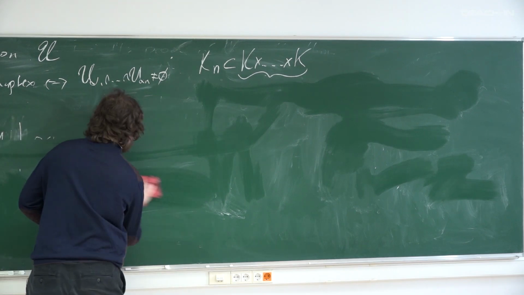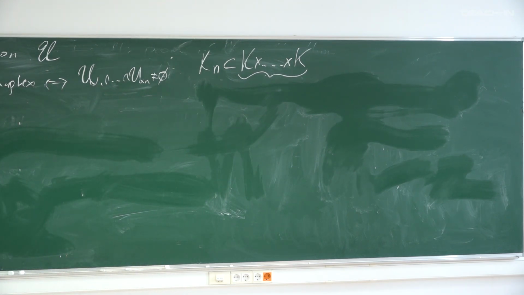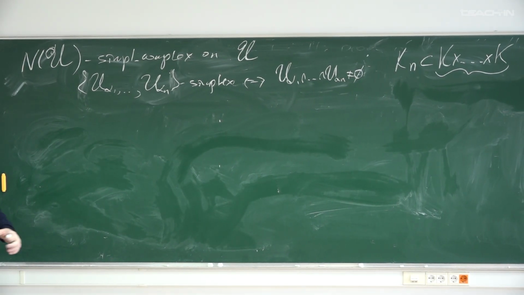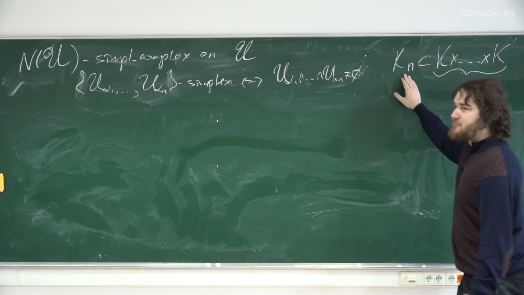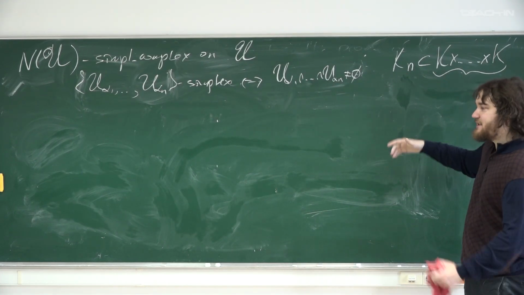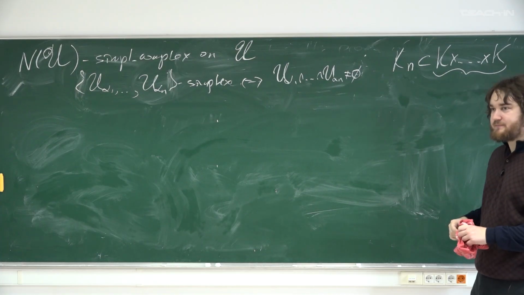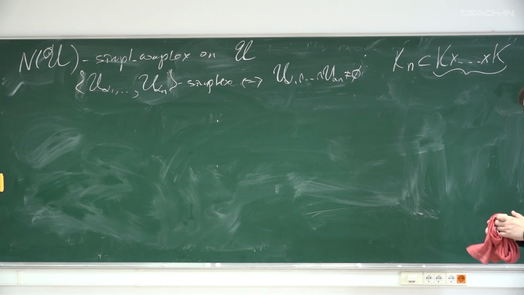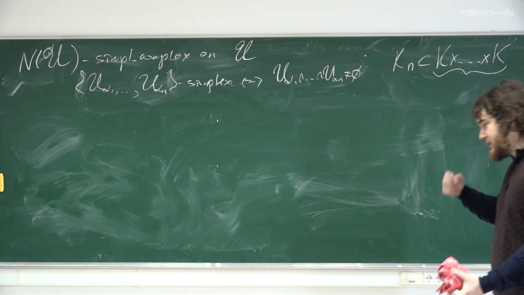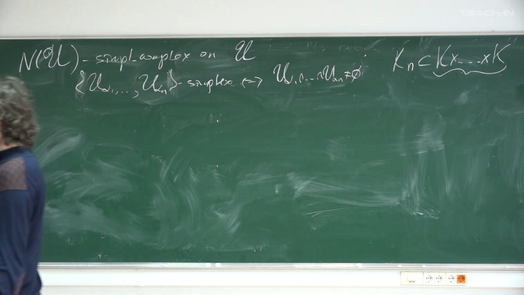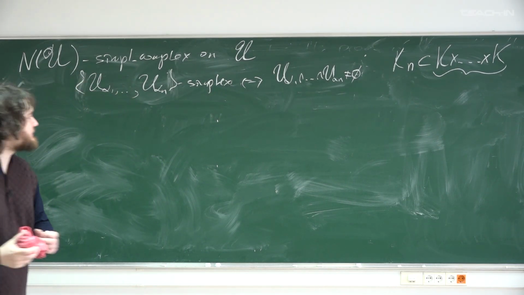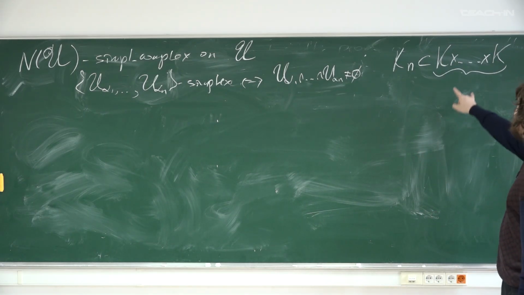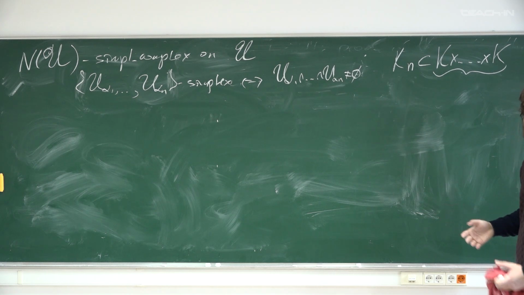K_n is the set of ordered tuples of vertices such that the ordered tuple is a simplex, and we consider f from K_n to A. A is some abelian group, and maps from a set to an abelian group form an abelian group because you can add values. So I mean all functions, with the skew-symmetric assumption.